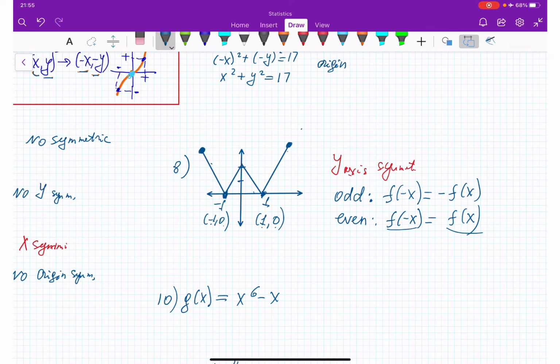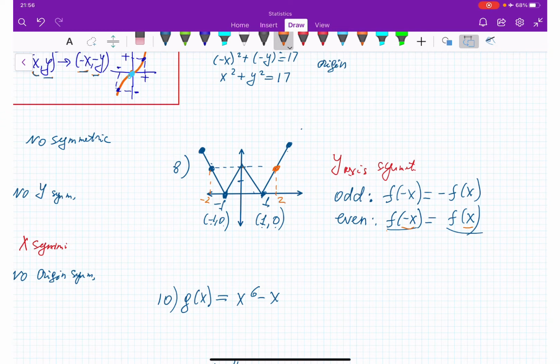When it's even, let me take any point here, like let's say this point, and another point right here. So obviously x is going to be positive and negative, right? But the y is going to be the same. f of x is nothing else but your y. So you plug negative x and then you plug positive x, but the f of x, meaning y, is going to be the same. So let's say if this is negative 2, this is positive 2.